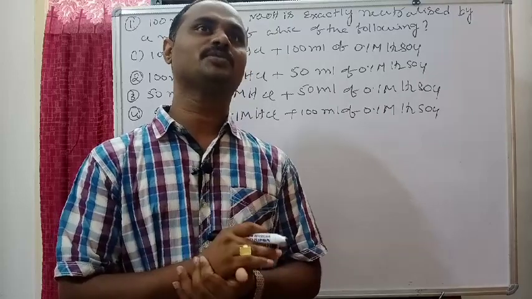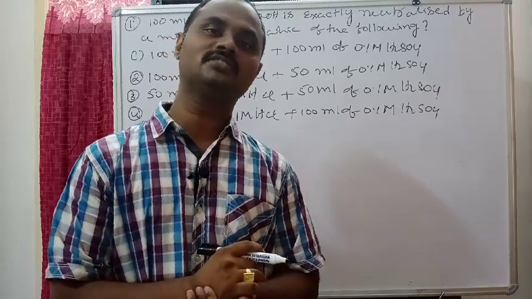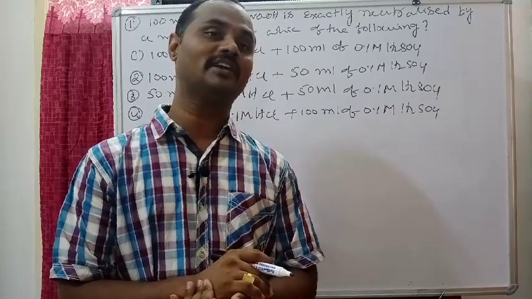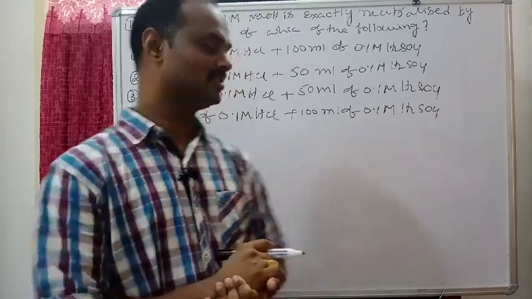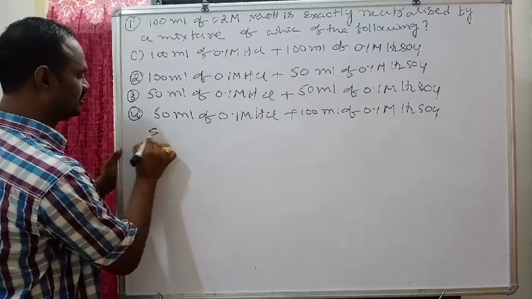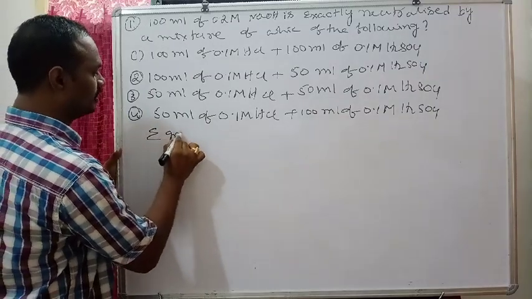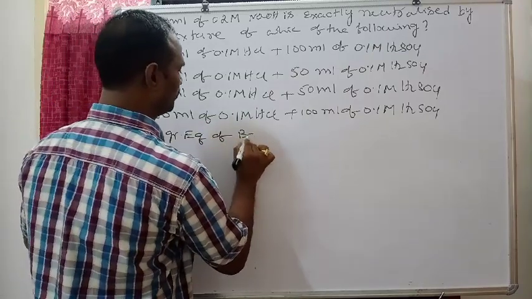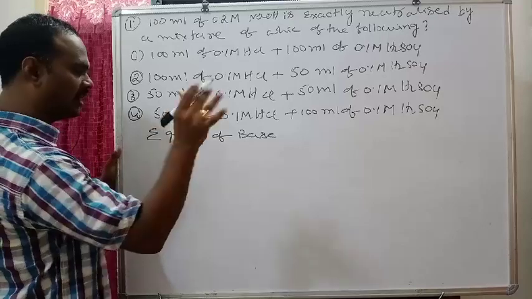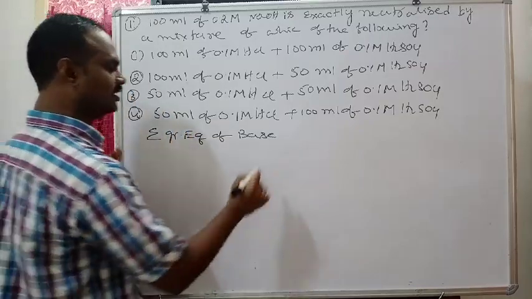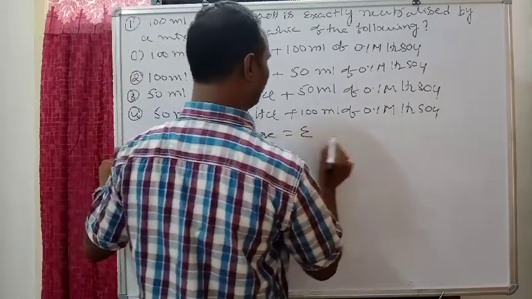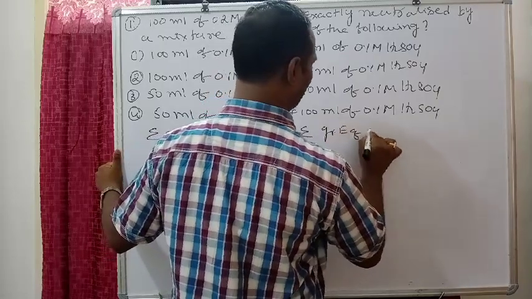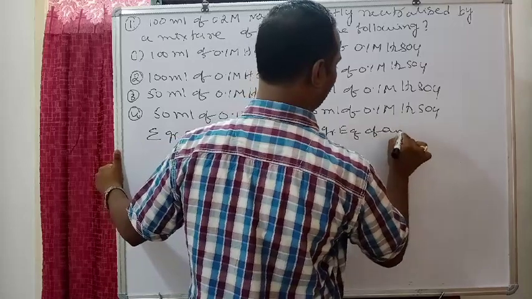In the neutralization process, the number of gram equivalents of an acid must be equal to the number of gram equivalents of base. Here, based on that point, you see, sum of the gram equivalents of base equals sum of gram equivalents of an acid.